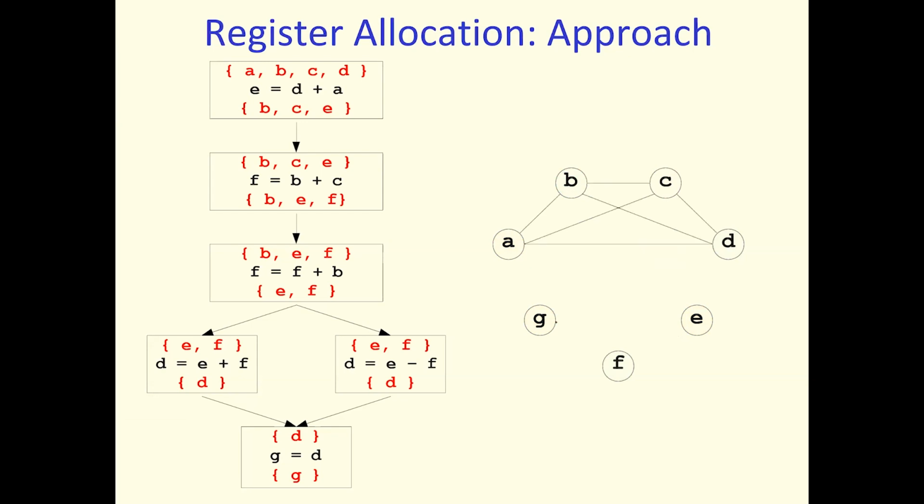The first thing I did was connect A, B, C, D all with each other, because at the starting point they are all live. Yes, but there is no edge between A and D here. No, here is A, here is D. I have an edge. Where it is not there, I can't get it.